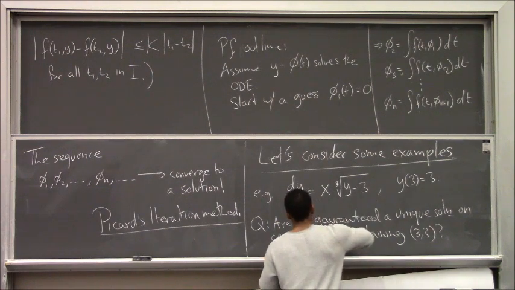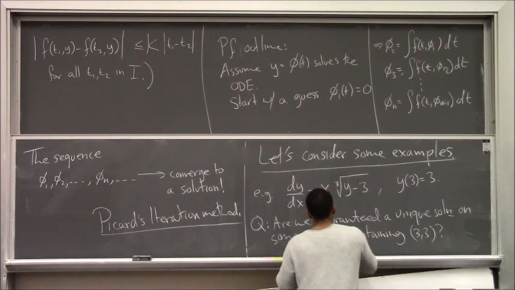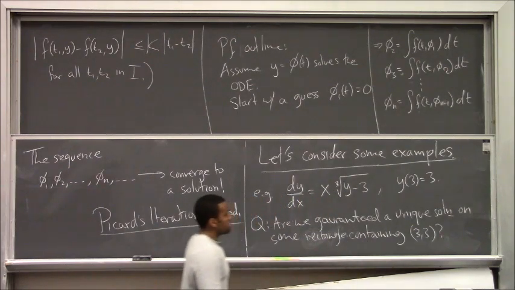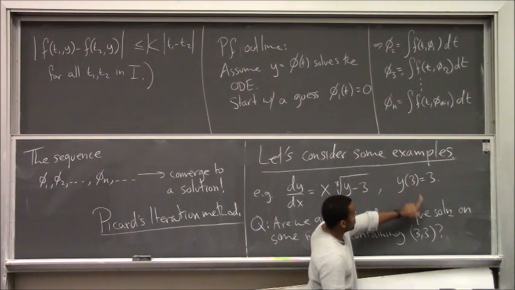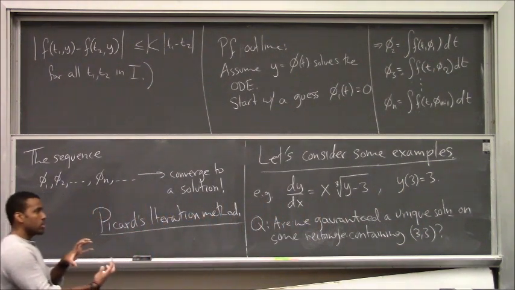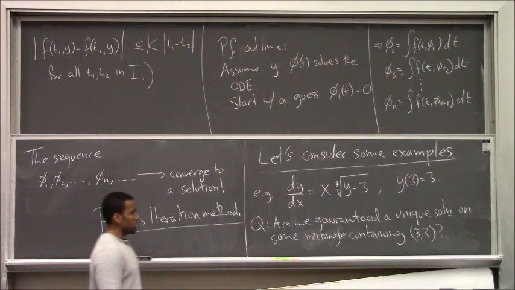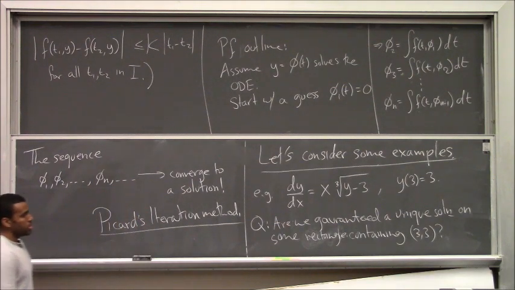Should say some rectangle, I should say. So I need it to be continuous around x equals 3 and y equals 3. So around the point (3, 3), there should be a region around that point where a unique solution would exist. Outside of that region, we don't know anything, but can I actually guarantee myself a solution in this situation?